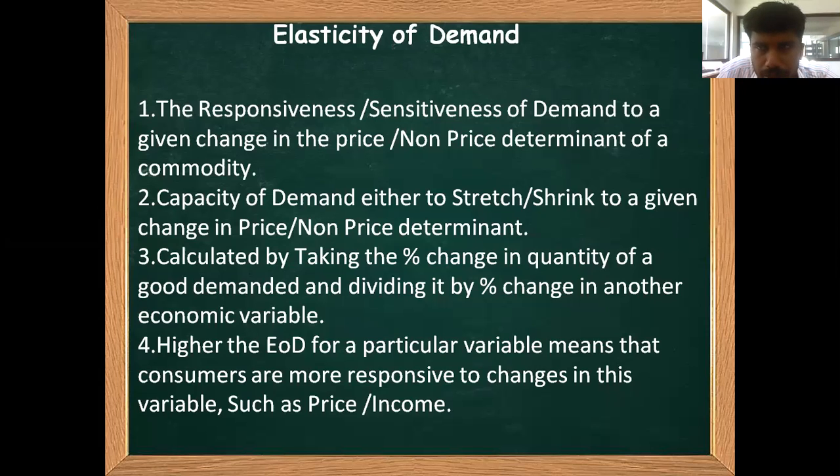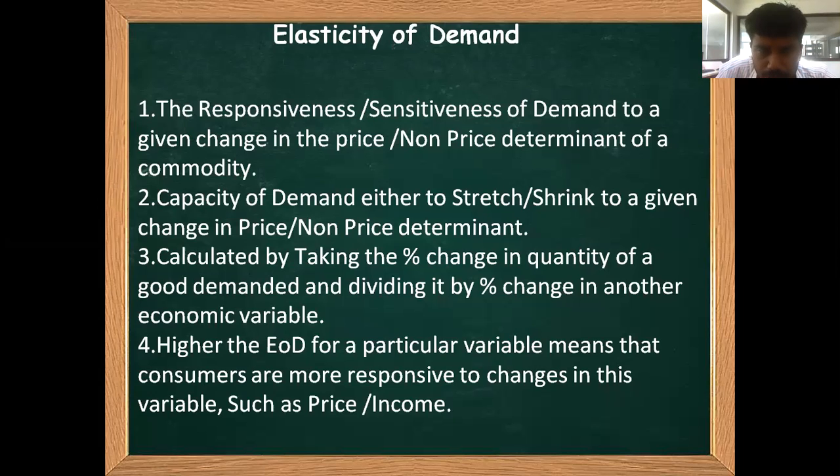This is the formula to calculate the elasticity of demand, which may either stretch or shrink. So the higher the EOD, the higher the elasticity of demand for a particular variable.